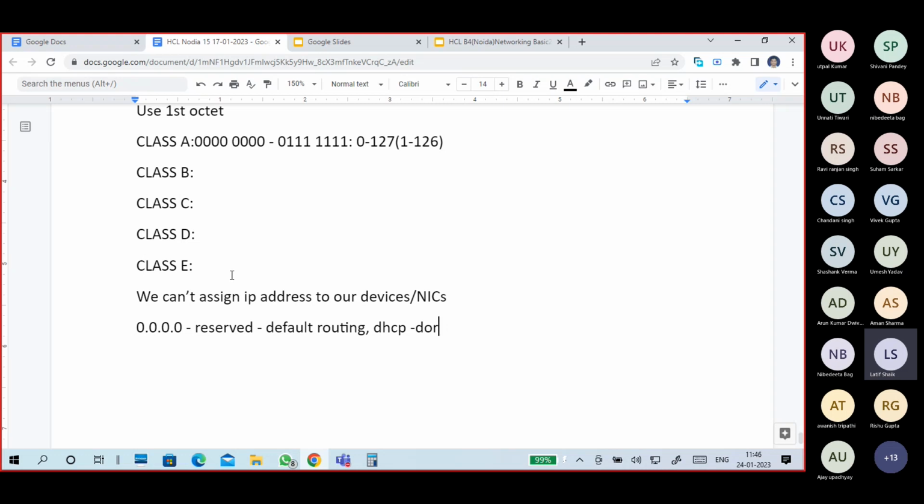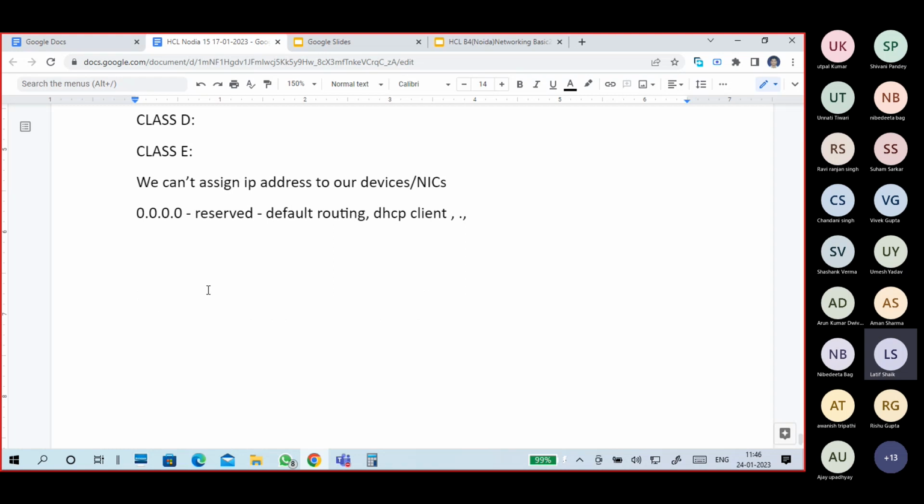The DHCP client uses this. This has a certain purpose, so we can't assign this series.